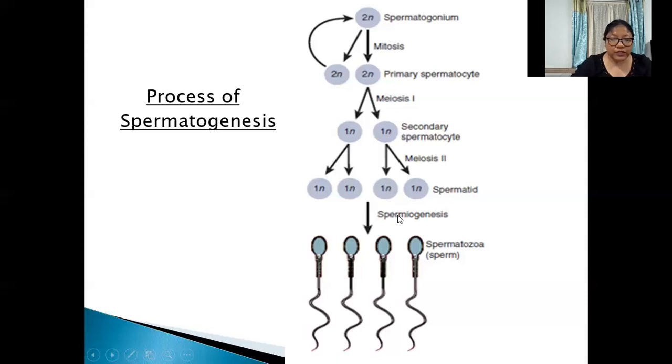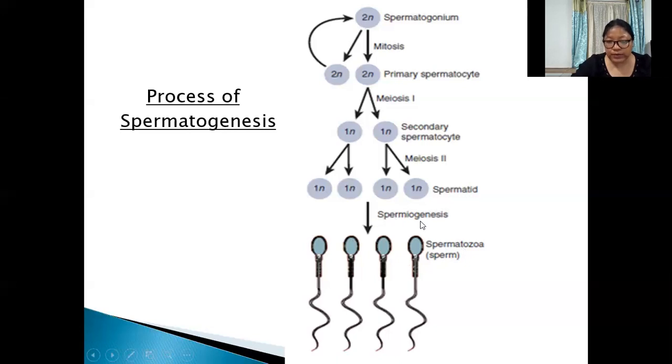So now after spermiogenesis, once the sperms are formed, where are the sperms formed? It is in the seminiferous tubules. Now the sperms will get released from the seminiferous tubules. The release of sperm from the seminiferous tubules is called spermiation. So these are the sperms.